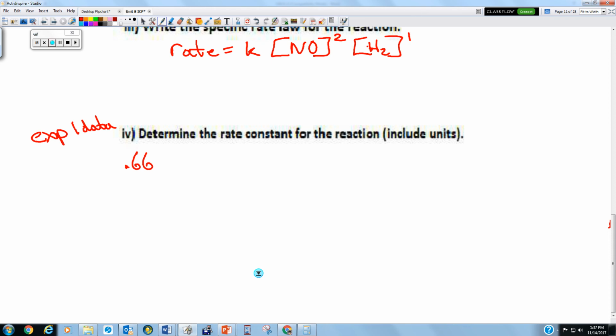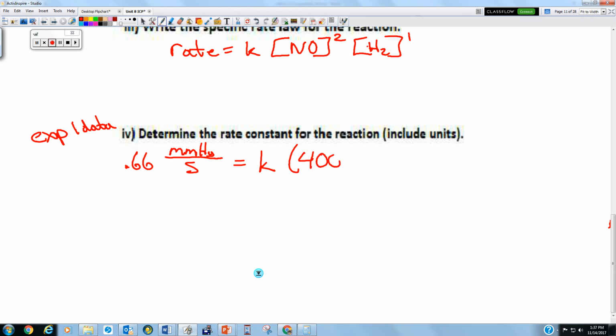And on these, you need to make sure you include the units so that you can track the units and show the units. So it is millimeters mercury over seconds equals K times, and again, pay attention that you use parentheses rather than brackets.